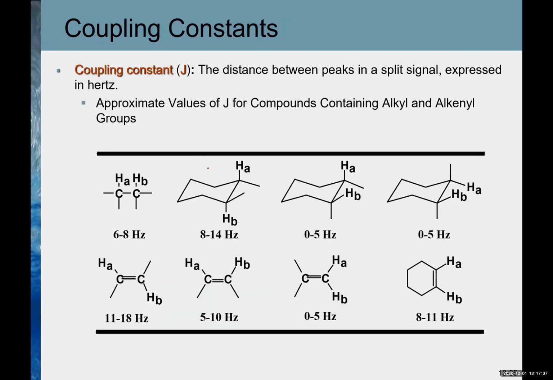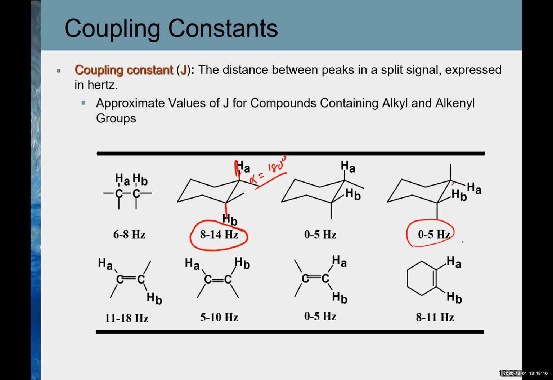So let's take a look at it. In these two cases, they are exactly opposite of each other. So here the angle is 180 degrees. So that's quite high splitting. So 15 is quite high. And here the angle is almost 90 degree. So this and this, if you look at it, it's almost 90 degree or close to 90. Therefore, coupling is quite small.